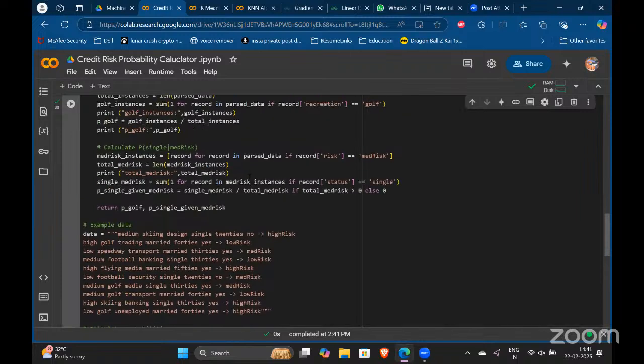Now we need to see when the mid-risk and also single comes into the picture. In the given data, we have single people who are also at mid-risk. So first we need to identify in which scenario we have both single and mid-risk.